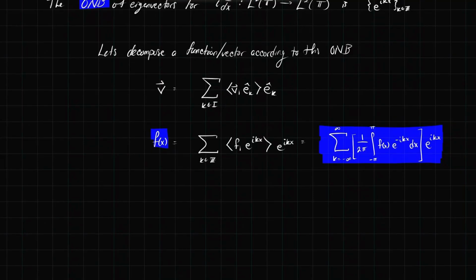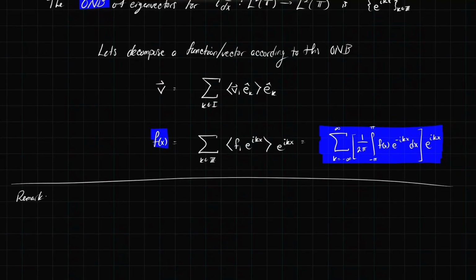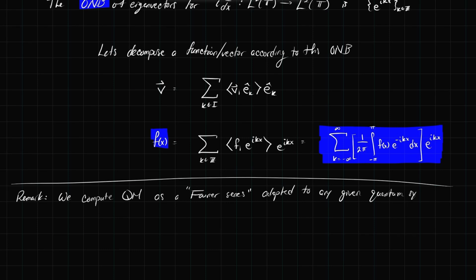The quantum mechanics we do, let's make a remark here: we compute quantum mechanics as a Fourier series, quote unquote, right? It's not actually the Fourier series. It's a Fourier series adapted to any given quantum system.